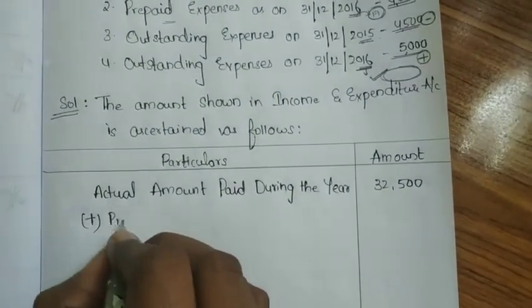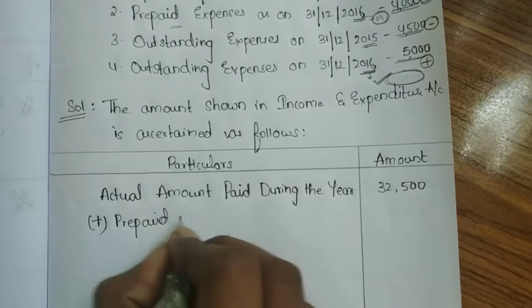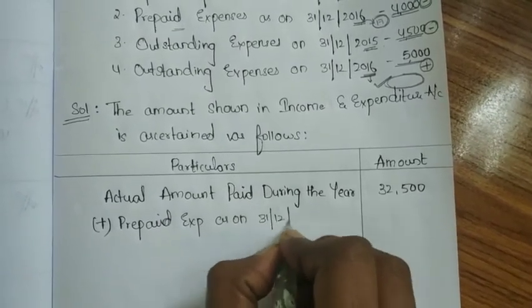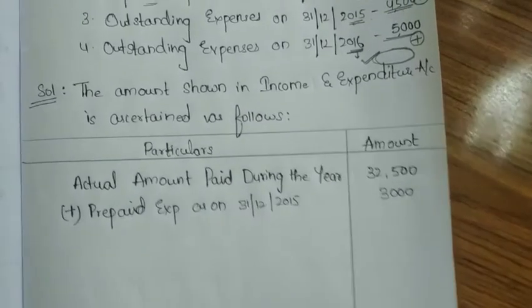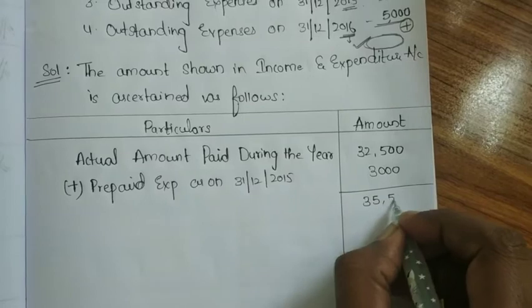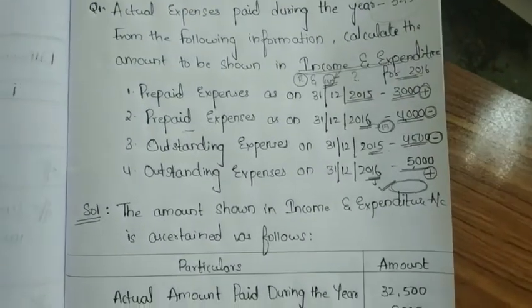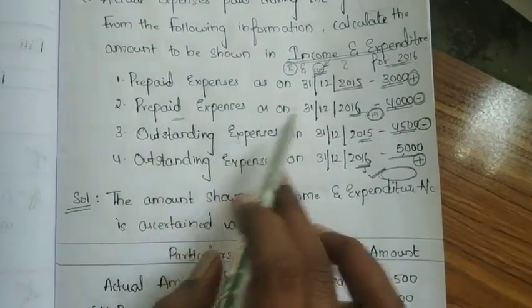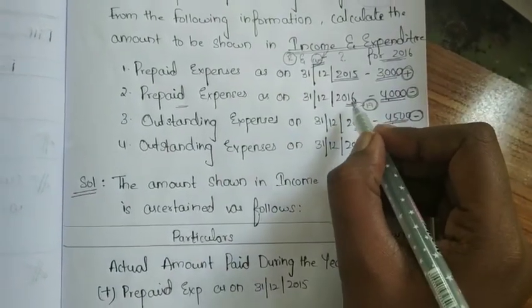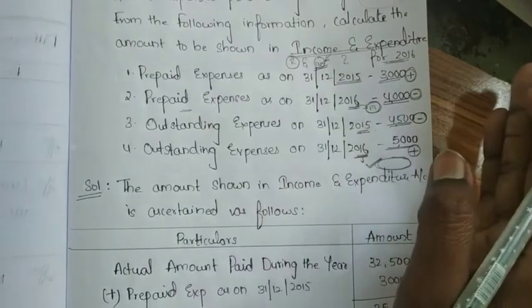So write: add prepaid expenses as on 31/12/2015. So add the amount, and see the next adjustment, prepaid expenses as on 31/12/2016. That means it was prepaid in the year 2016 for the expenses in 2017.